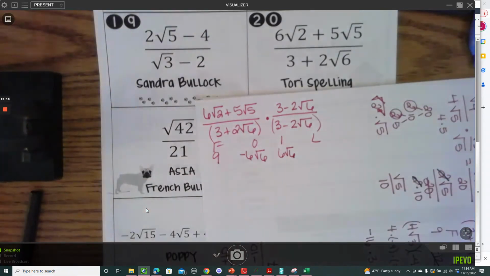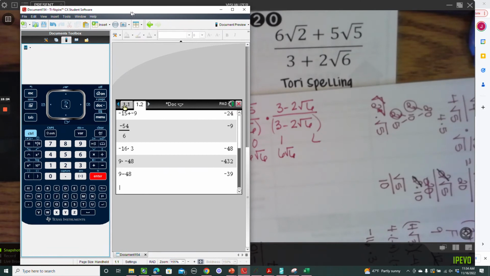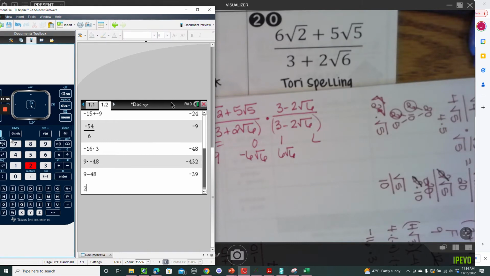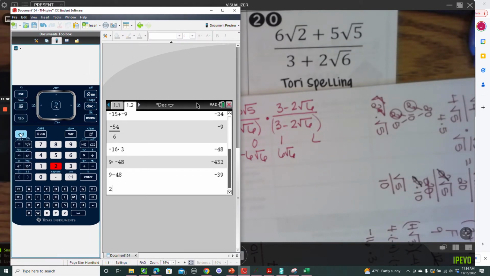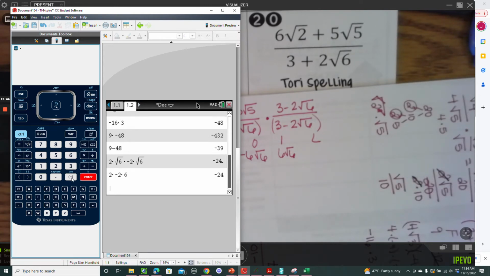Okay, and again, if you do that piece in your calculator, if the radical is the same, you can do it in your calculator. I can't make it where you can see everything, but 2 times the square root of 6 times negative 2 times the square root of 6 is the same as 2 times negative 2 times 6.